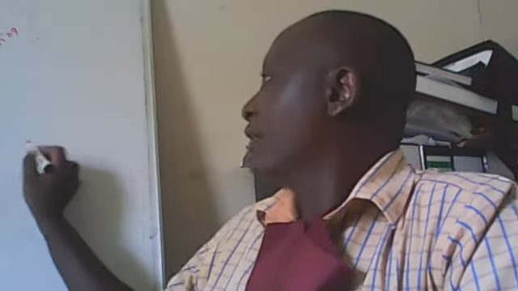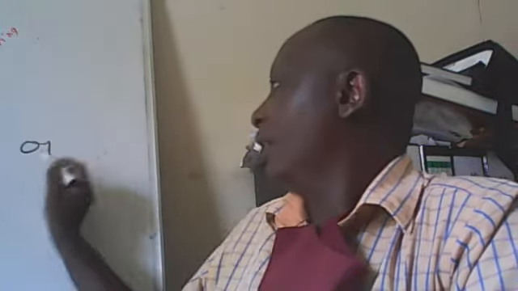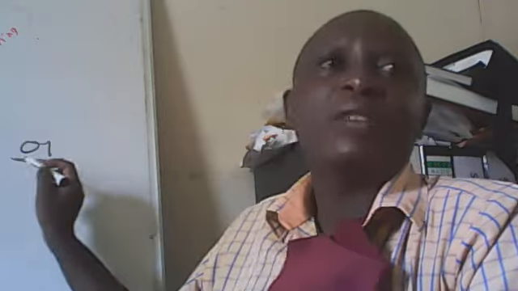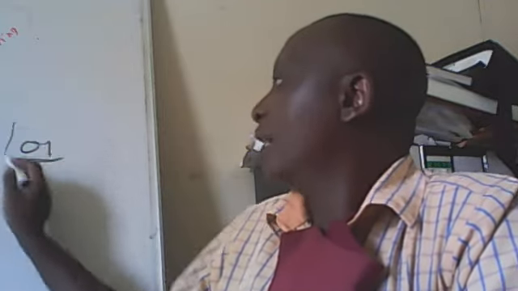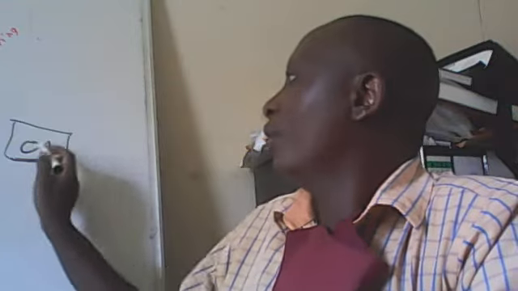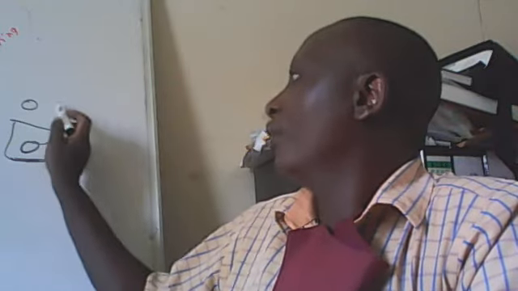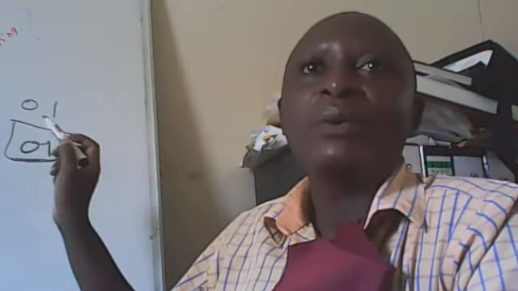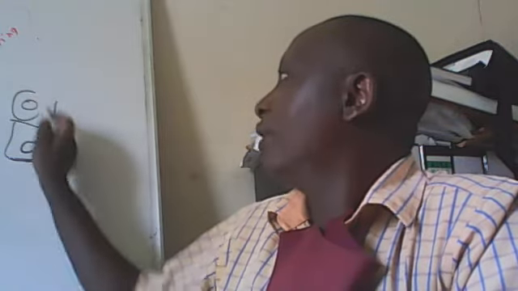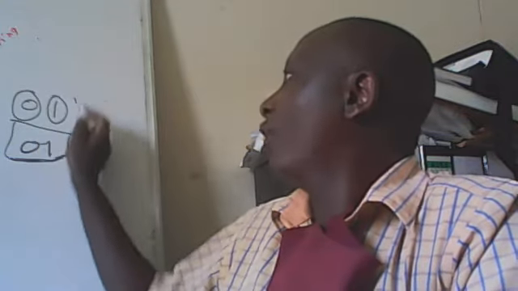When we talk of numbers, we mean 0 and 1. These are the digits that we use. So a computer understands digital language, and the digital language is only expressed by using a 0 or a 1. Are we together? A 0 means off, and 1 means on.